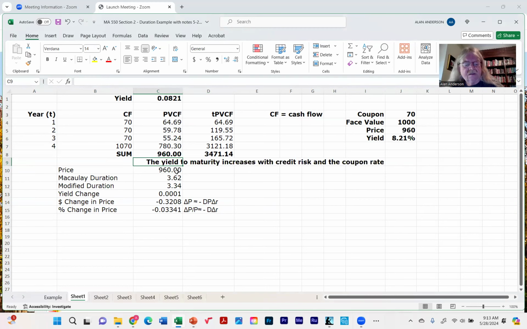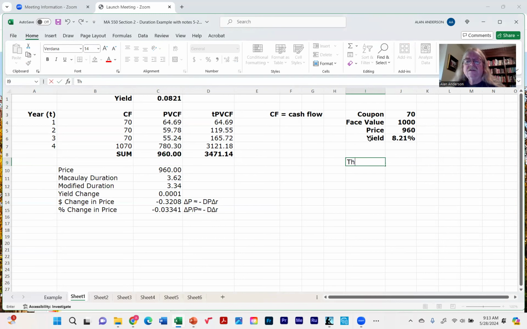The higher the coupon rate, the higher will be the yield, because the... what is causing that? It's really being very weird with me today. Let's try that again. The yield will increase as the credit risk increases. Okay.